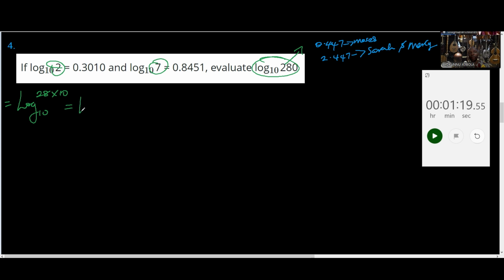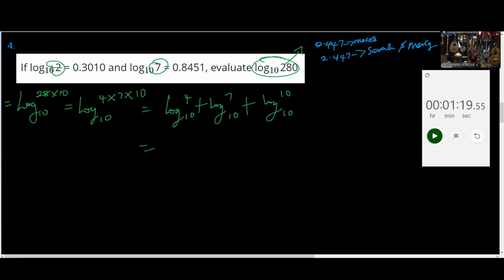And this is now going to be log 4 times 7 times 10, base 10. And this is going to be log 4 base 10 plus log 7 base 10 plus log 10 base 10.